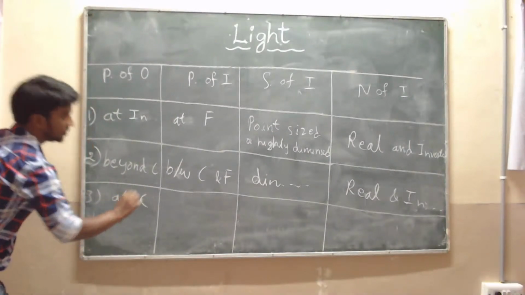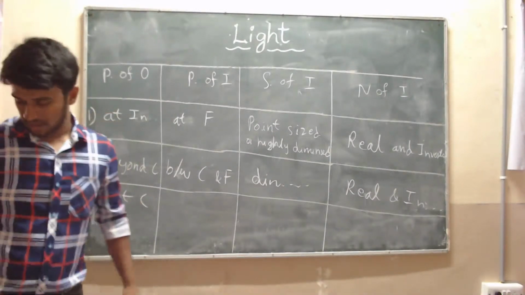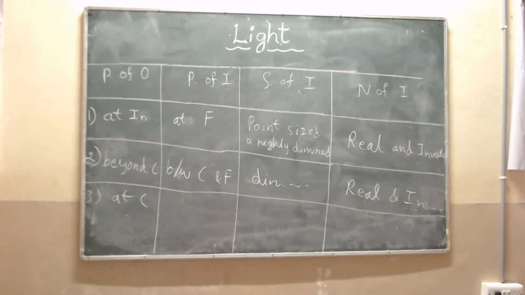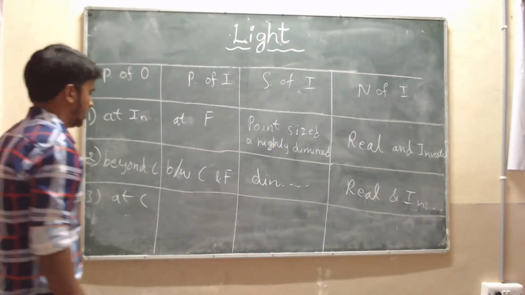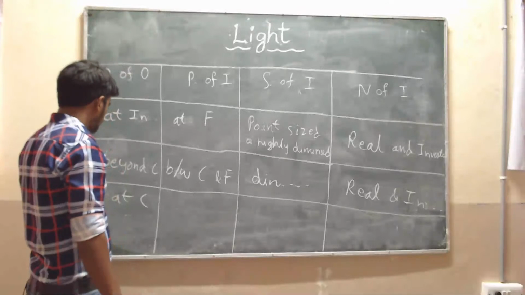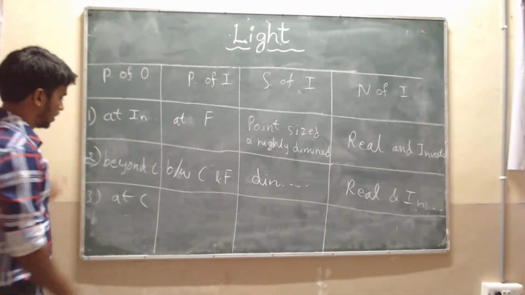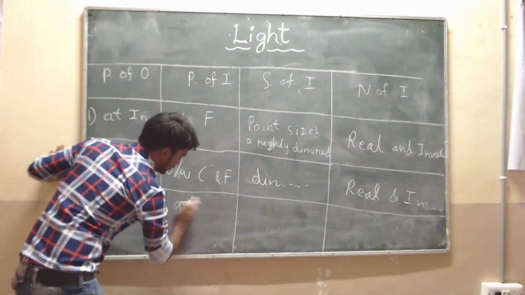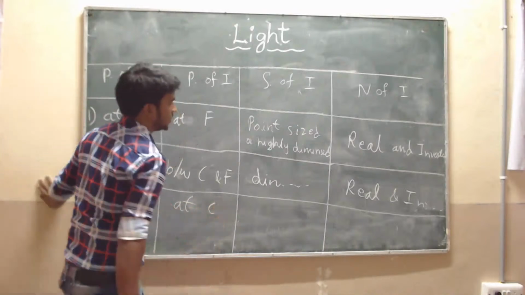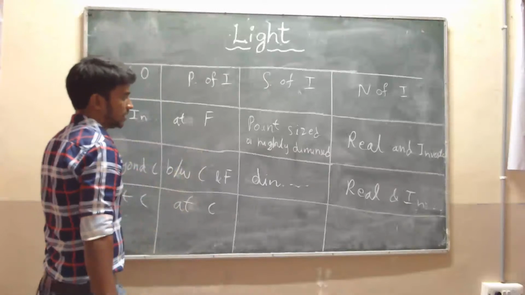Next, third one, we kept the object at C. Then what is the position of the image? At C only. Then what is the size of the image?